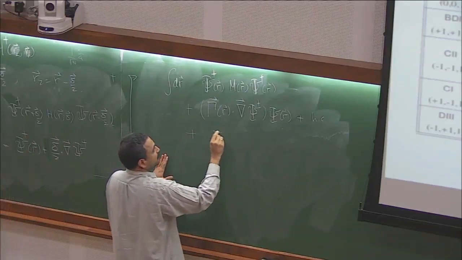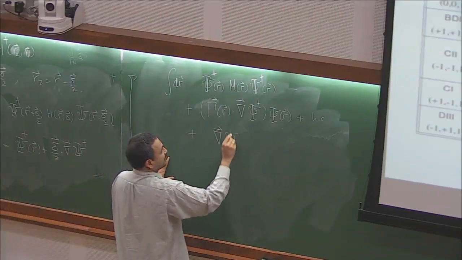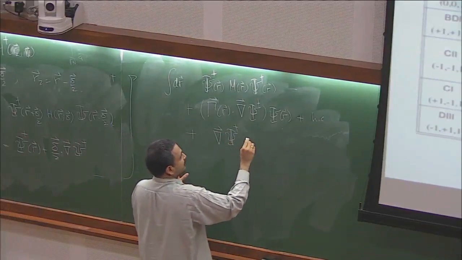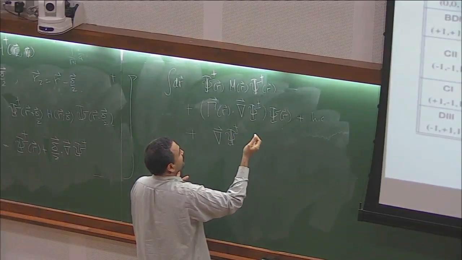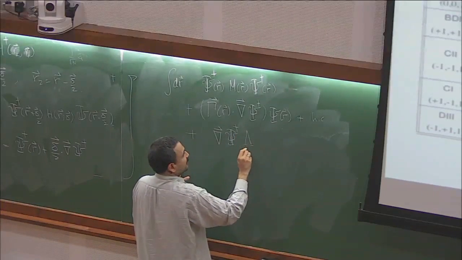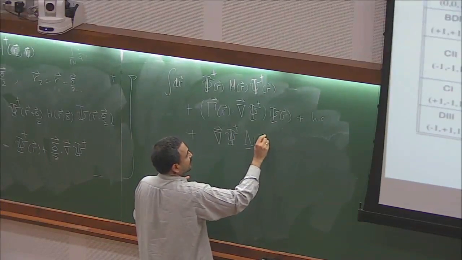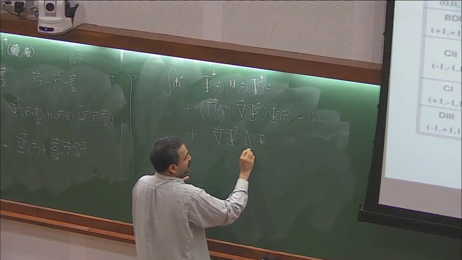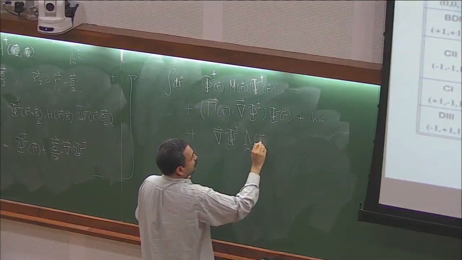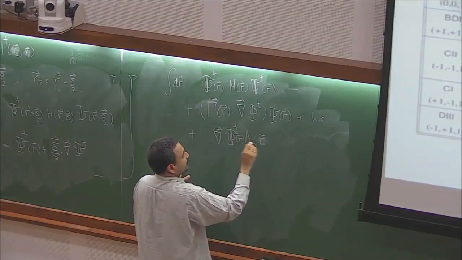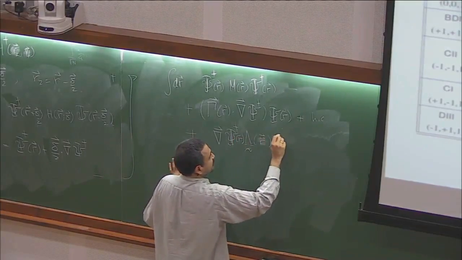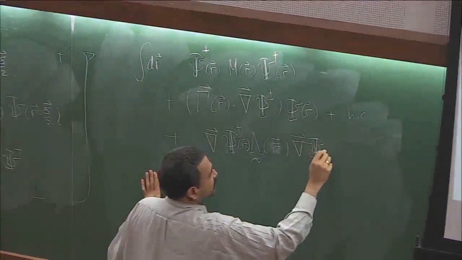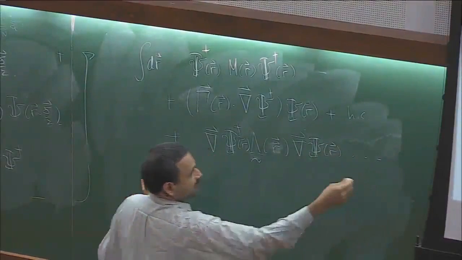Plus there is another term, let me call it lambda, which is also a matrix. It's actually a tensor, so write it down like this, lambda of r, a function of r, and this is gradient psi of r, etc.